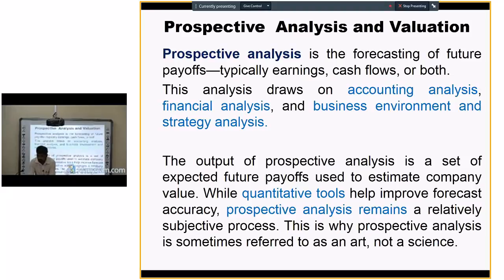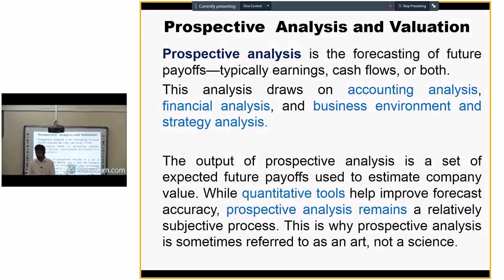This analysis draws on accounting analysis, financial analysis, and business environment and strategy analysis. The output of prospective analysis is a set of expected future payoffs used to estimate the company's value. Finally, we are expecting to value the business.